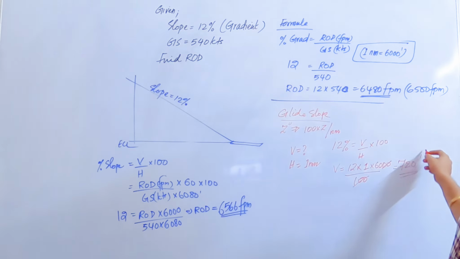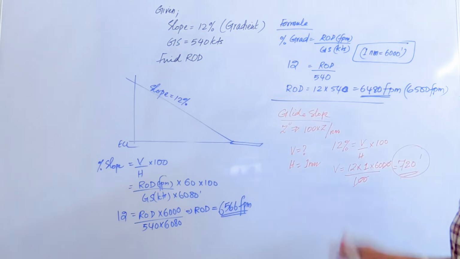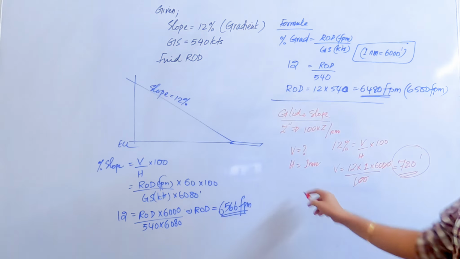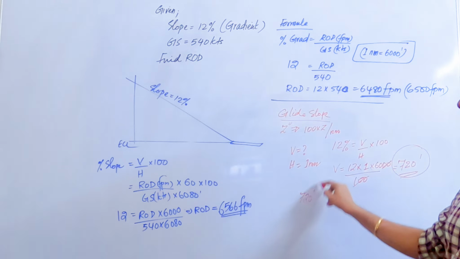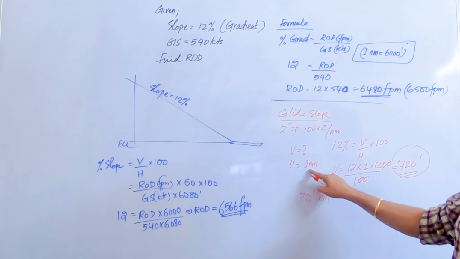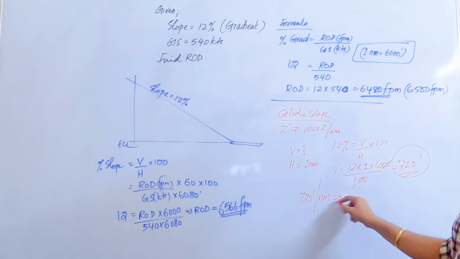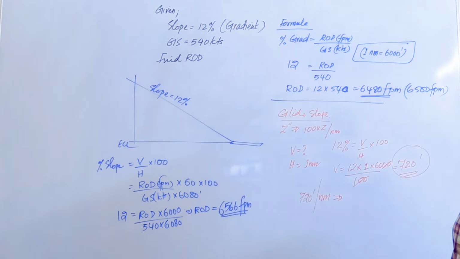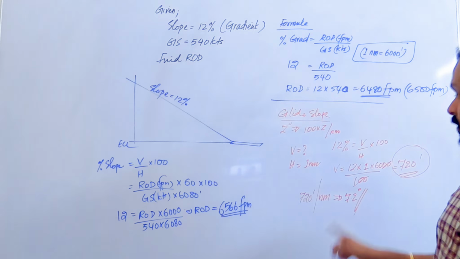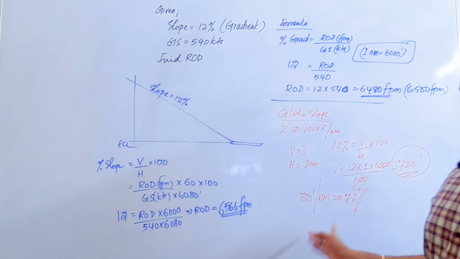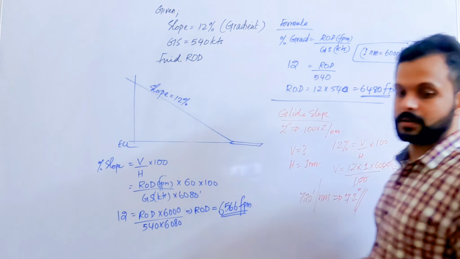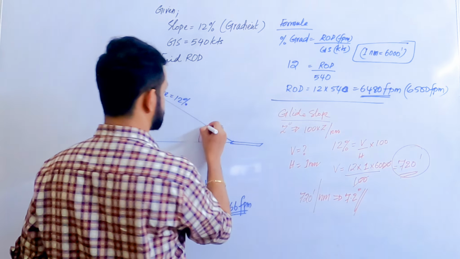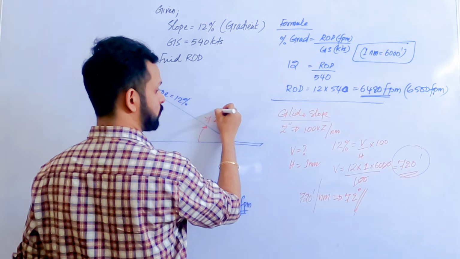So you can instantly tell me what the glide slope is. If you have to lose 720 feet in 1 nautical mile, what's the glide slope? The answer is 7.2, so the glide slope is 7.2 degrees.